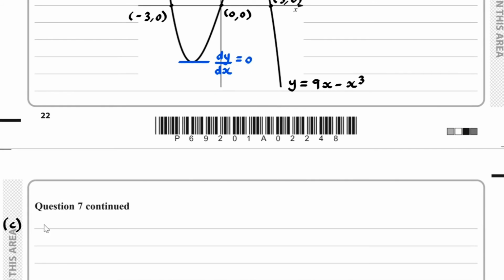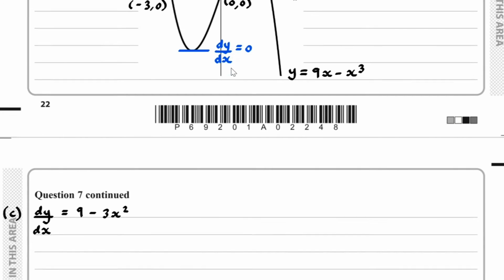And so if we work out what dy over dx is, differentiating 9x, we end up with 9. Differentiating x cubed, we end up with 3x squared. So dy over dx is equal to 9 subtract 3x squared.